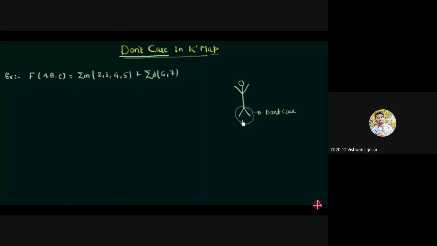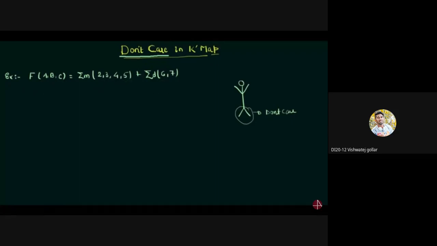We will see how to use this don't care along with the compulsory conditions, the minterms representing your function, to reduce your function to a much minimum form. So before wasting any time, let's see this example. There is a 3-variable function f, which has the minterms m2, m3, m4, and m5.